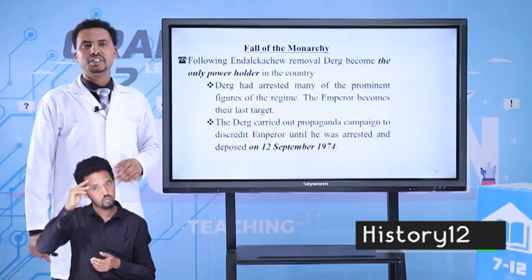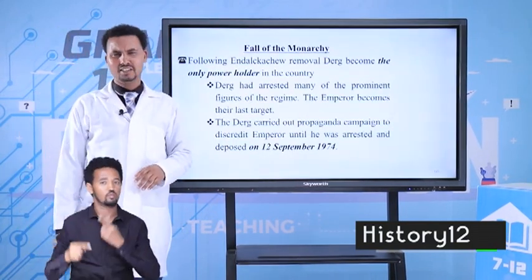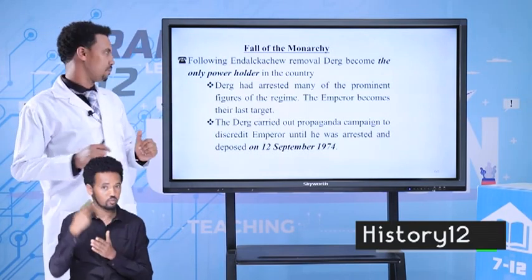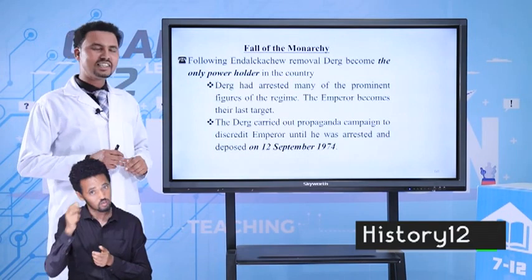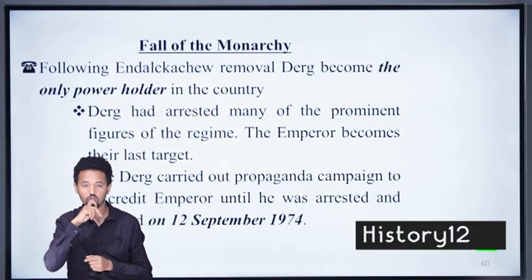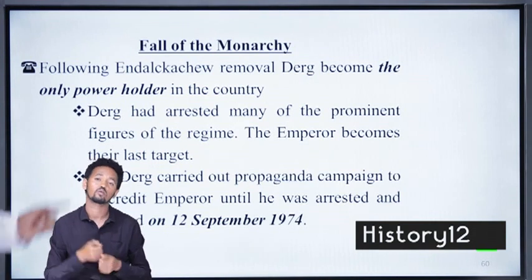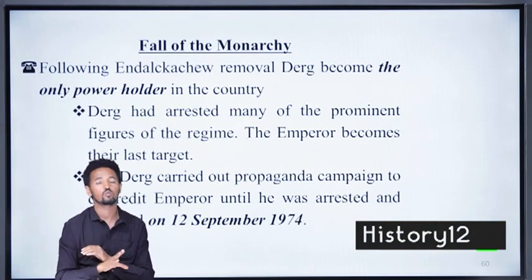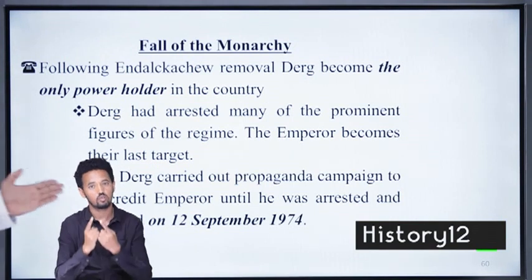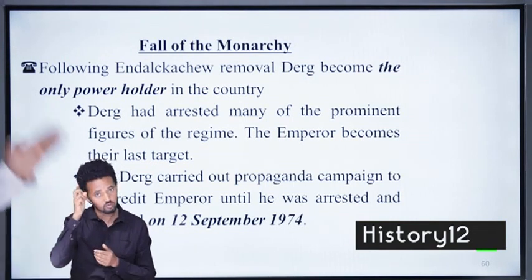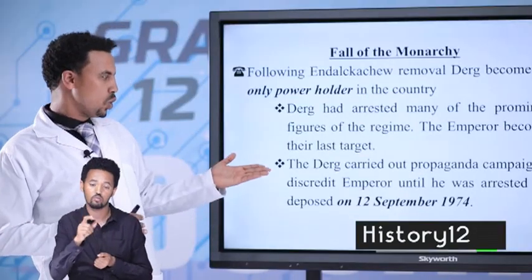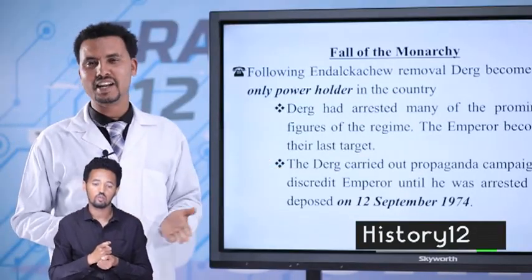The fall of the monarchy. This was the last stage to overthrow Emperor Haile Selassie from power. Following Endalkachew's removal, the Derg became the only power holder in the country. The Derg had arrested many of the prominent figures of the regime. Emperor Haile Selassie was their last target. Then the Derg carried out a propaganda campaign to discredit Emperor Haile Selassie.